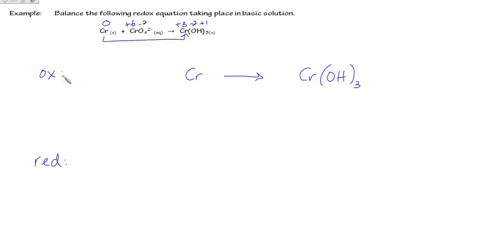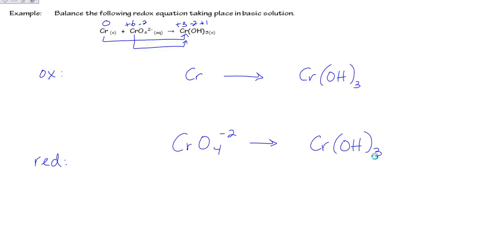Oxygen stays the same on both sides. What about this other chromium? The chromium in the chromate ion is reduced. It goes from a plus 6 to a plus 3. This is unusual. The product is the same. Chromate, 2 minus, going to the chromium hydroxide.